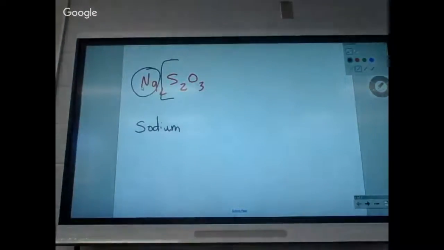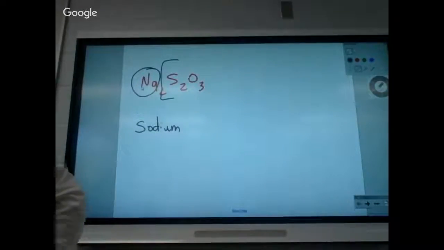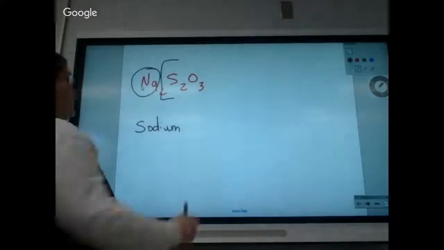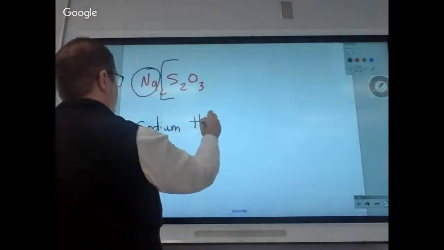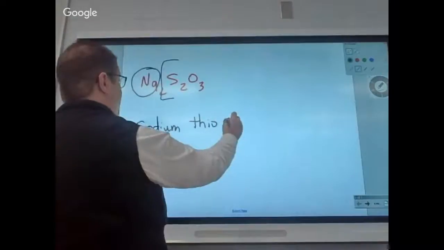So scan your polyatomic ion list, Annabelle, for S2O3. Do you have the oxidation sheet? Look for S2O3 and find its name. It's pronounced thio, and then sulfate.